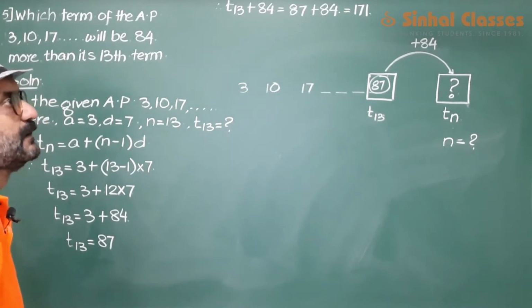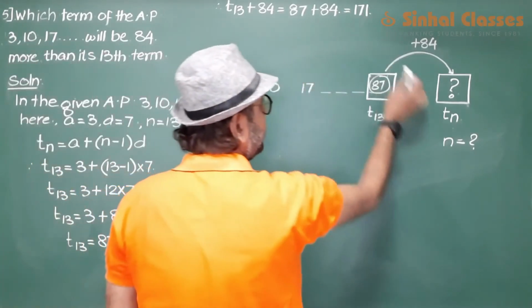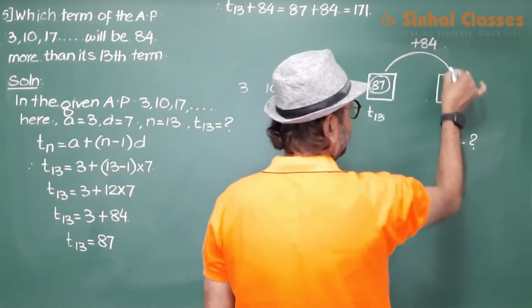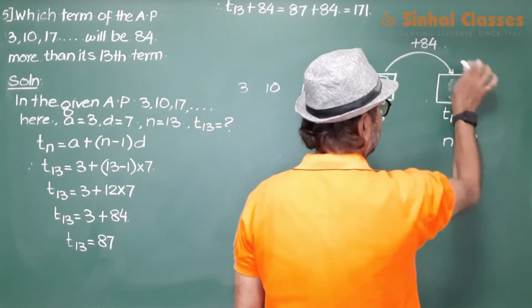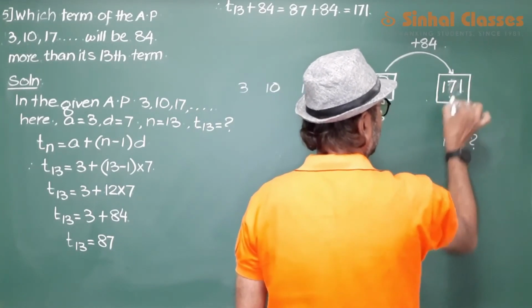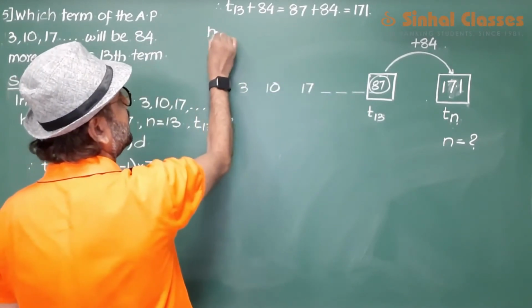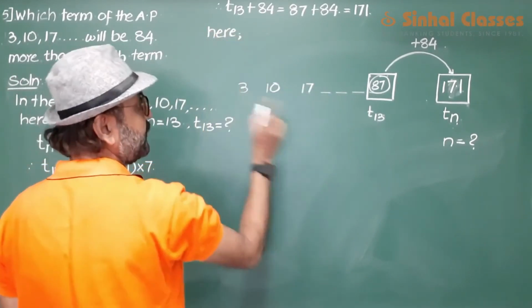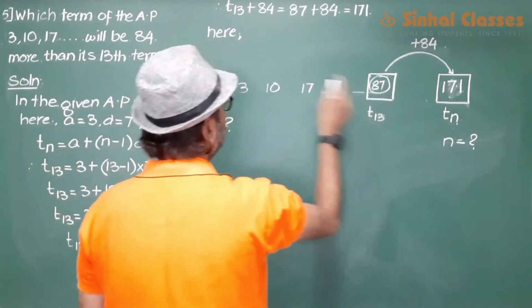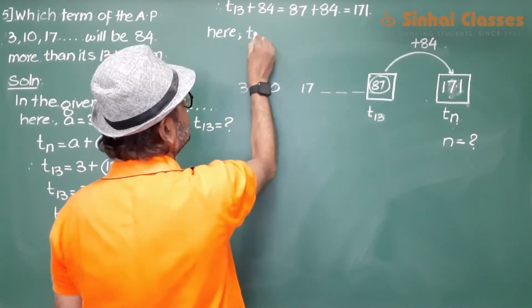Now this 171, 87 plus 84, this 171 is your nth term. So here we have nth term as 171.